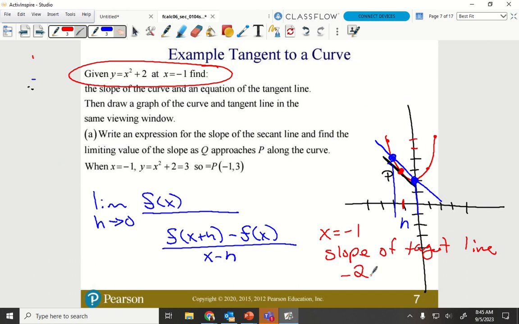We did all that to find the slope of a tangent line at a singular point because I wanted my h value to be so close to 0 that there was a limit as it approaches 0. So I could say m equals -2.